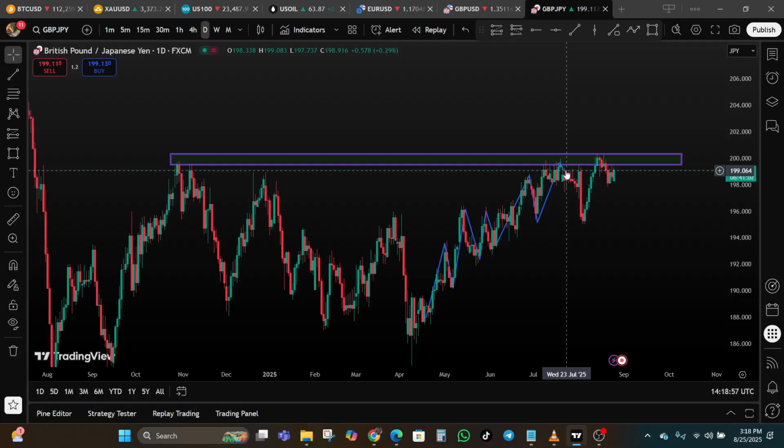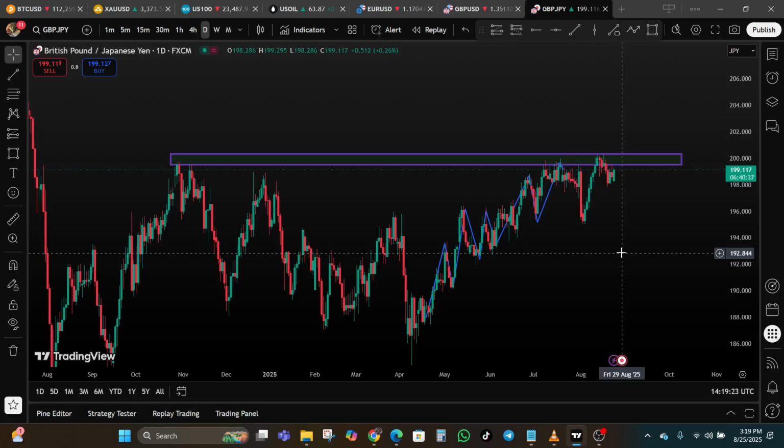By marking out key daily zones, you create a clear roadmap of where the market is likely to react. So this is one of the biggest strengths of trading on the D1. The levels you draw hold serious significance.